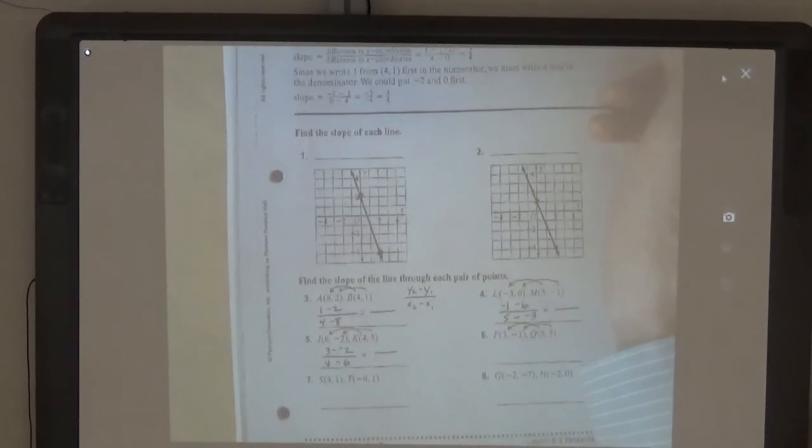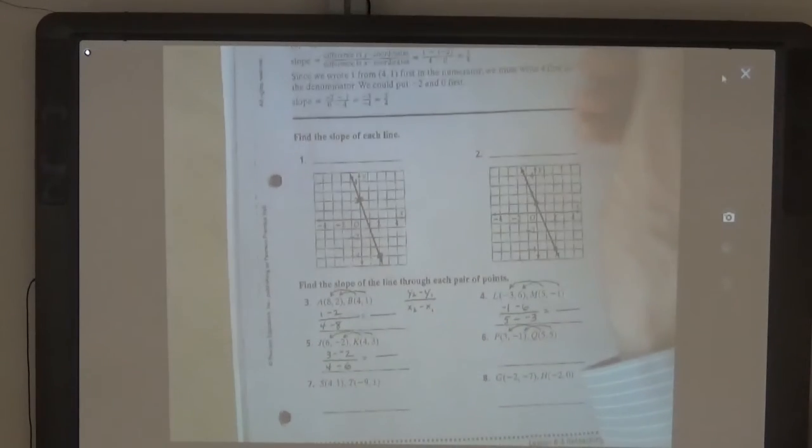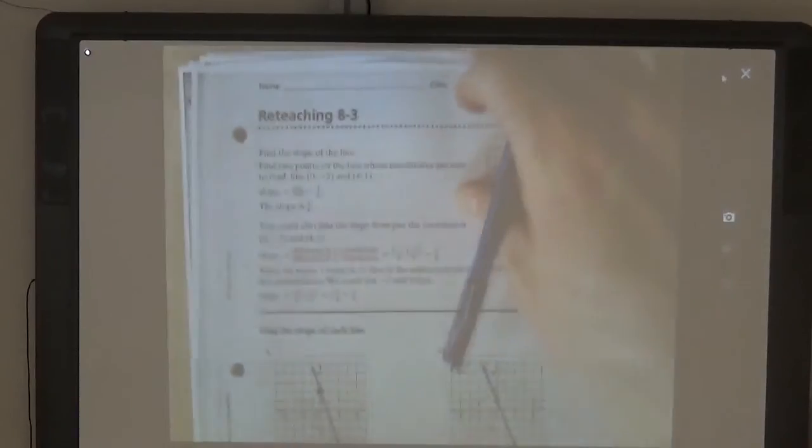How could you use that line to find the slope? What if you are just given a line, but there's no dots? There's no dots that are marked in bold. Look at this line up here.